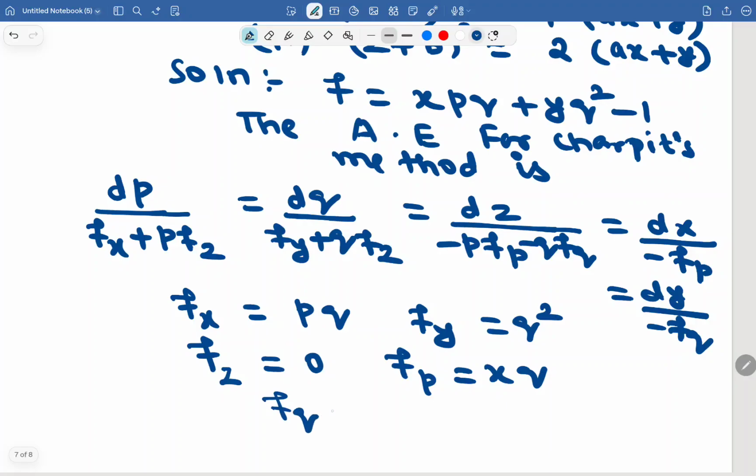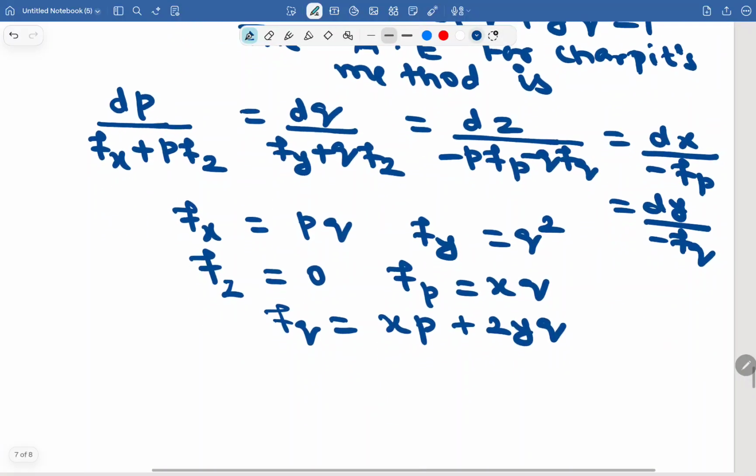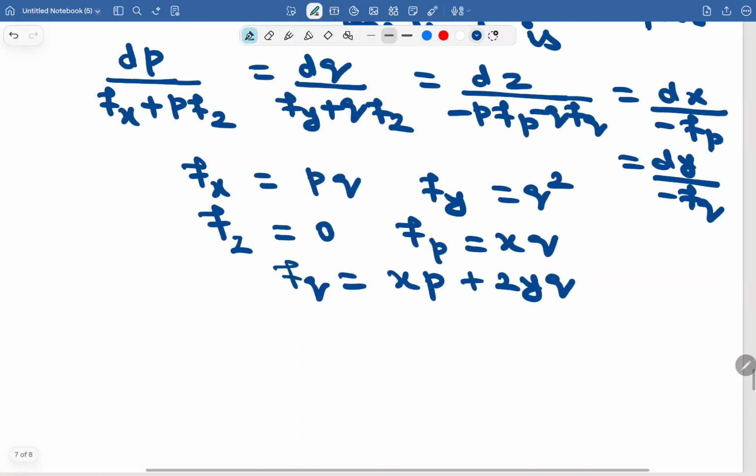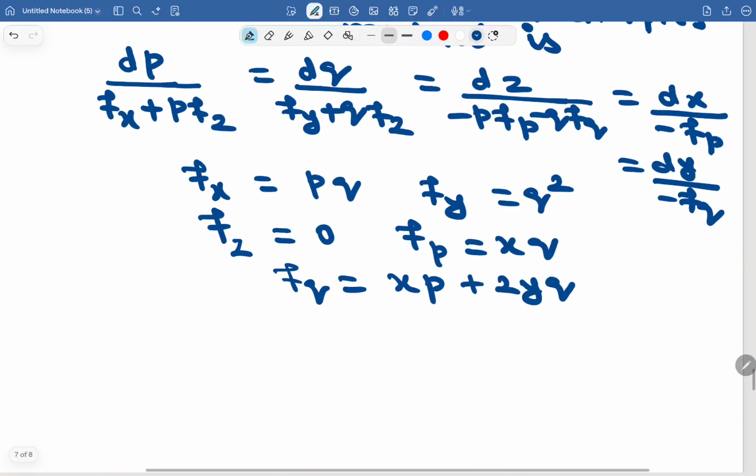Find fq, xp plus 2yq. Substitute all these values in equation 1.